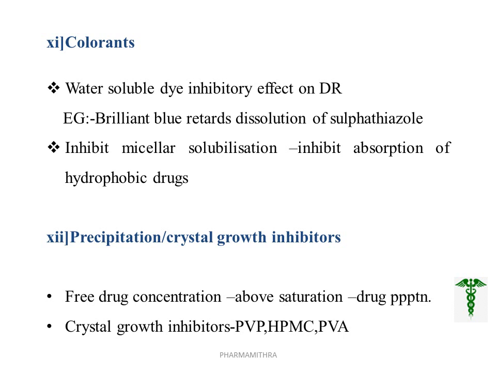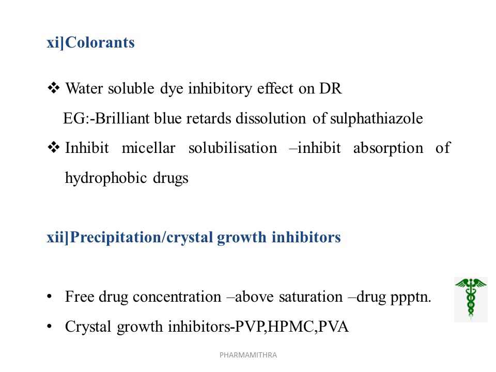The 12th excipient is the precipitation or crystal growth inhibitors. That is, if the free drug concentration is increasing above saturation, it results in a supersaturation level, which may result in precipitation or crystallization.